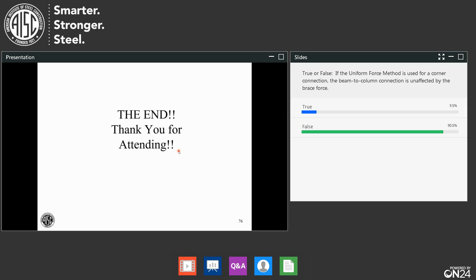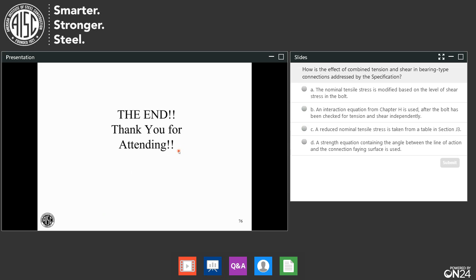All right. Let's go to the next polling question. You should see it on your slides window there. This one's multiple choice. How is the effect of combined tension and shear in bearing type connections addressed by the specification? Is that A, the nominal tensile stress is modified based on the level of shear stress in the bolt?